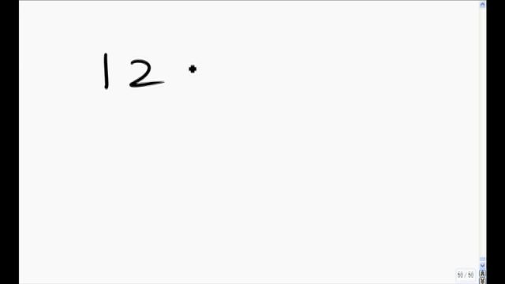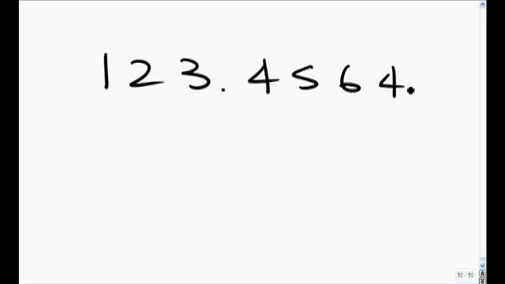Consider the same number, 123.4564. If we want to approximate this number to the nearest hundredths position, we look to the digit to the right of the decimal that's in the hundredth position. The 4 is in the tenths, the 5 is in the hundredths. If we look at the digit to the right of the 5, recall that if it's a 0, 1, 2, 3, or 4, we leave the 5 alone.